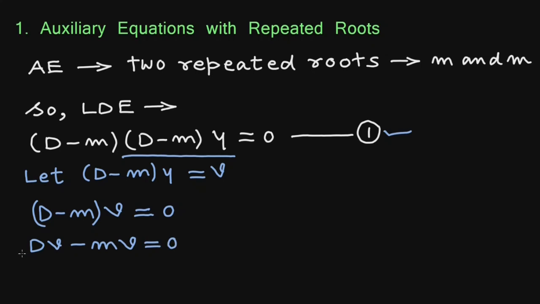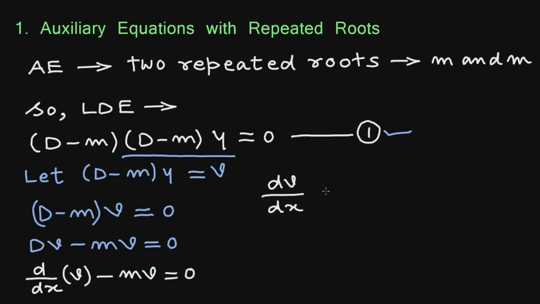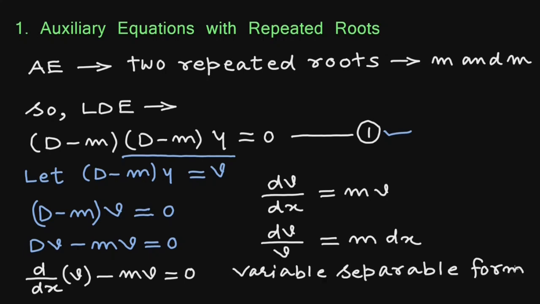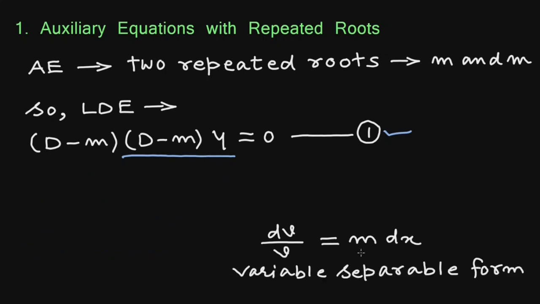But since D means d by dx, it will be dv by dx minus mv equals 0, which is dv by dx equals mv, which is dv upon v equals m dx. And this is the variable separable form of an ordinary differential equation. To solve this, we have to integrate it.